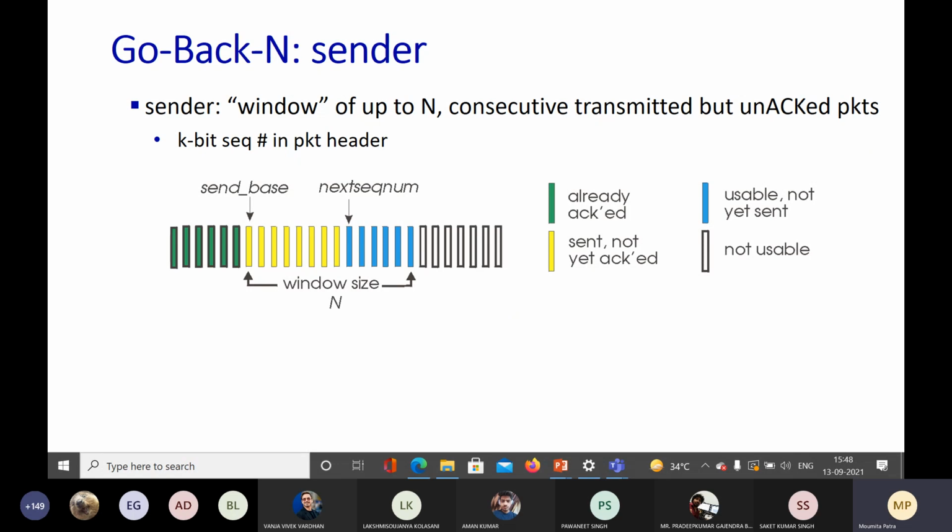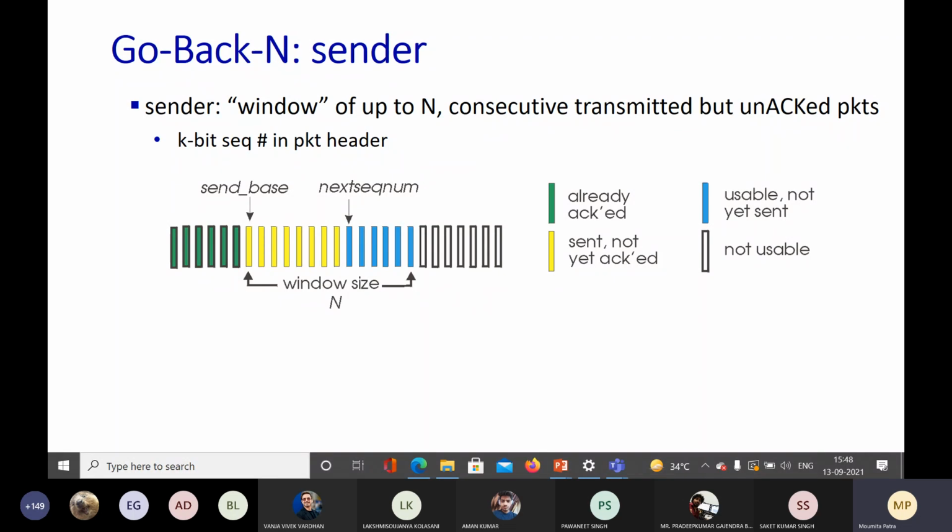And then after a sequence of such unacknowledged packets which have already been sent, there's another set of packets given by these usable but not sent packets. Here it will start with the next sequence number, because until this yellow one, you have already sent the packets with these sequence numbers.